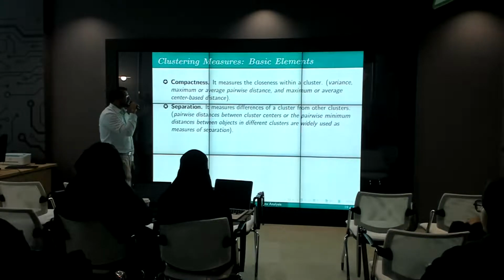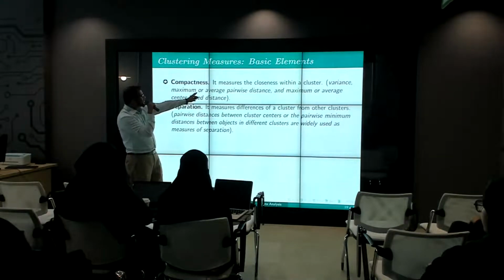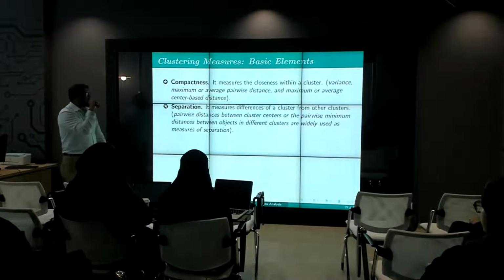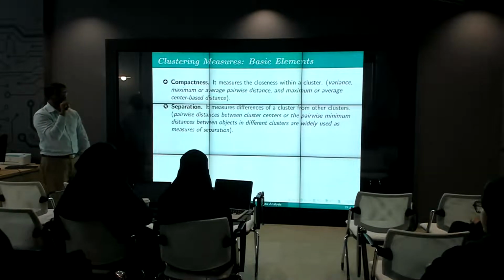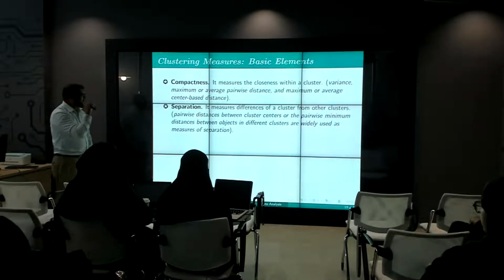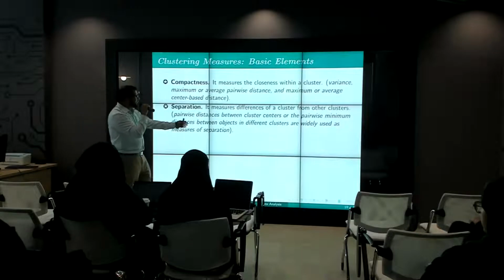And here are different ways to measure it. You have variance, minimum pairwise, average pairwise distance, or average centroid-based distance to calculate compactness. And then you have pairwise distances again to measure the separation.